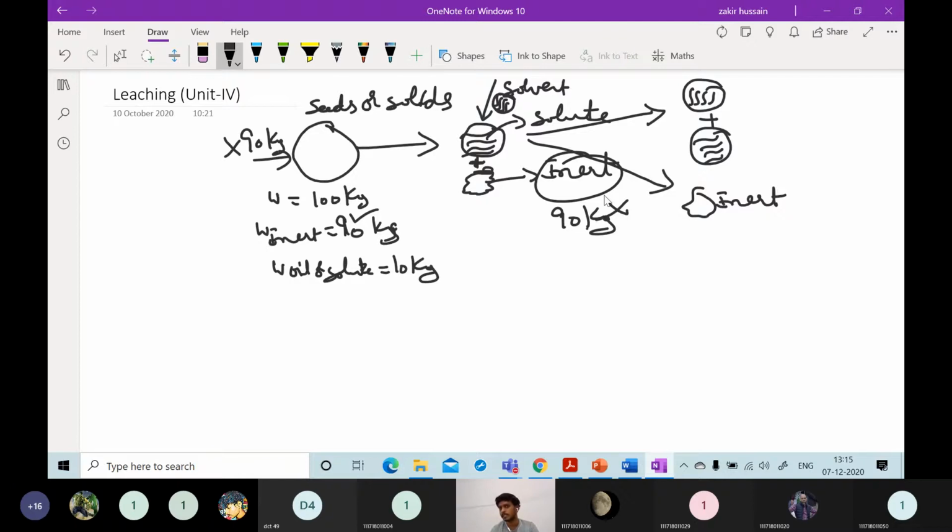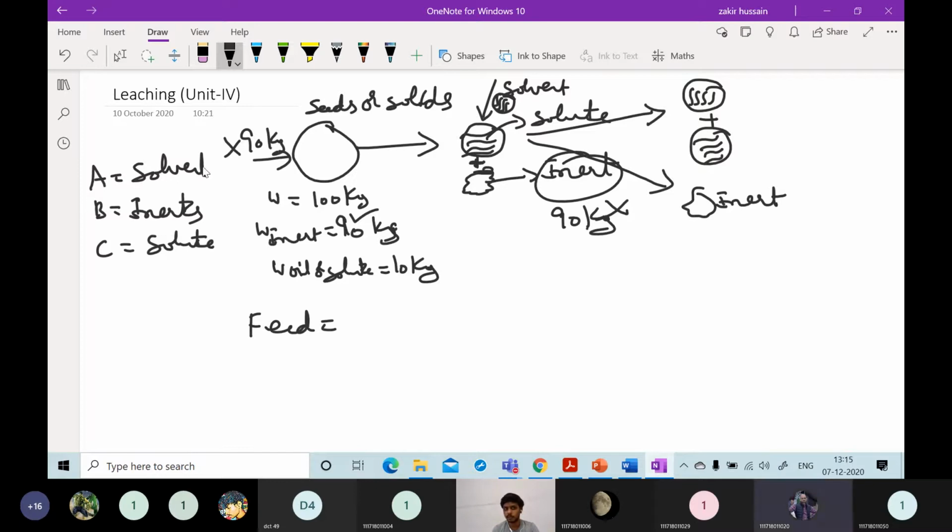In order to omit this inert content from the leaching operation, our nomenclature will be changed. Ideally, our feed is B plus C, because B is inerts, C is the solute, and A is solvent.